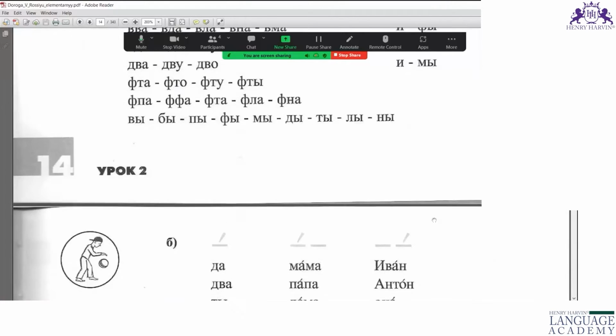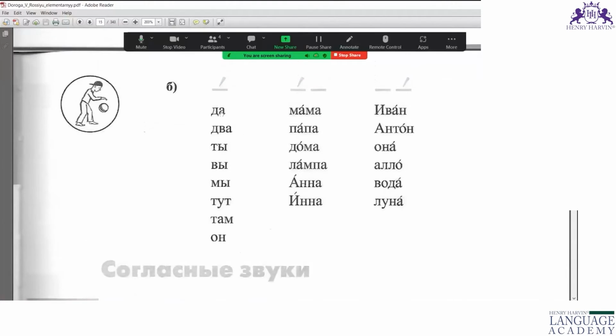Okay, let's go to some words which we had last time. We will read them in a column today, okay? Да, два, два means two. Да, два, ты, вы, мы, тут, там, он. Padma Priya, without help, you can do. Мама, папа, дома, лампа, Анна, Инна.